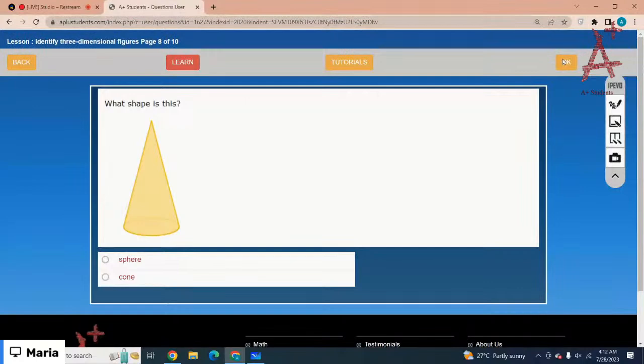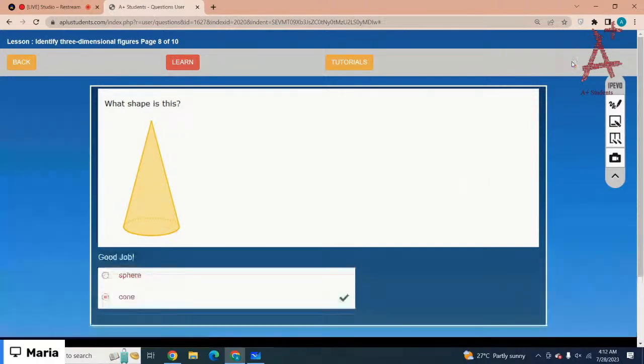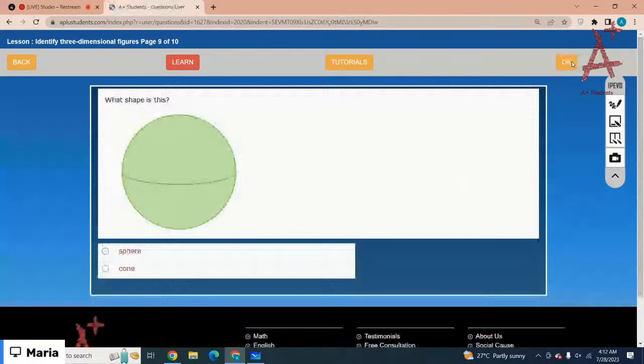The correct option is cone. What shape is this? Sphere or cone? This is a sphere.